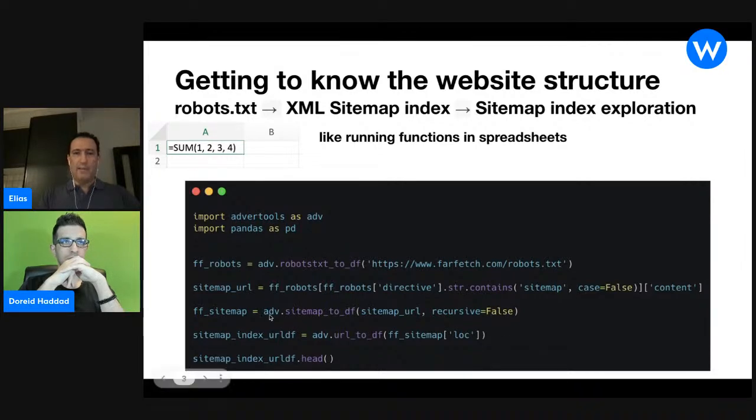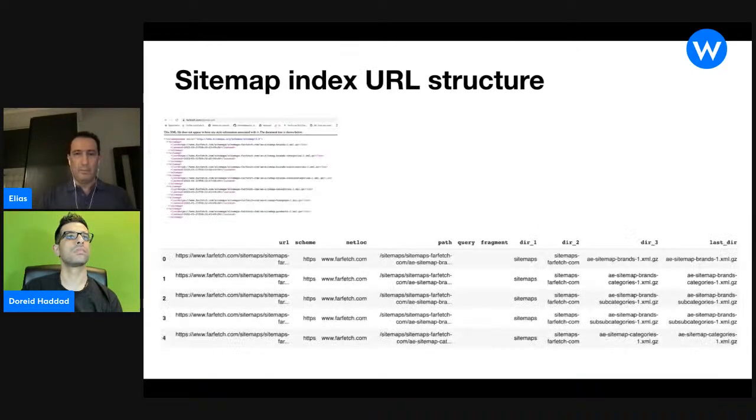And once we do that, we can use the URL to df function, which means we convert the URLs in that sitemap to a data frame table format. So in order to see this visually, to make it easier, this is what we start with, an XML sitemap. And then with sitemap to df, we get a data frame of all the attributes over here.